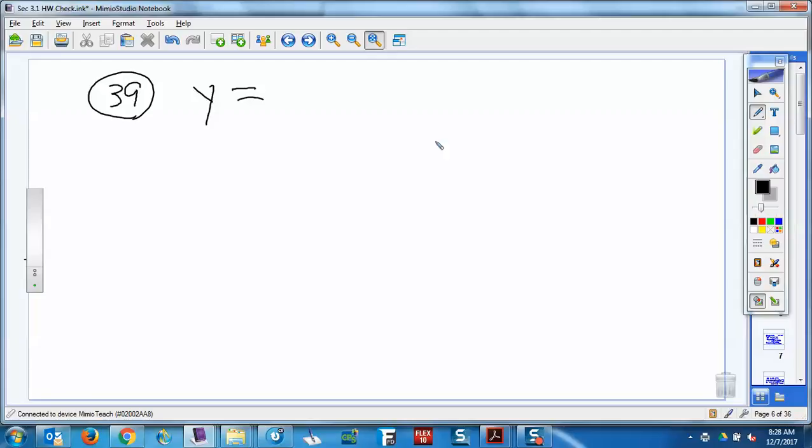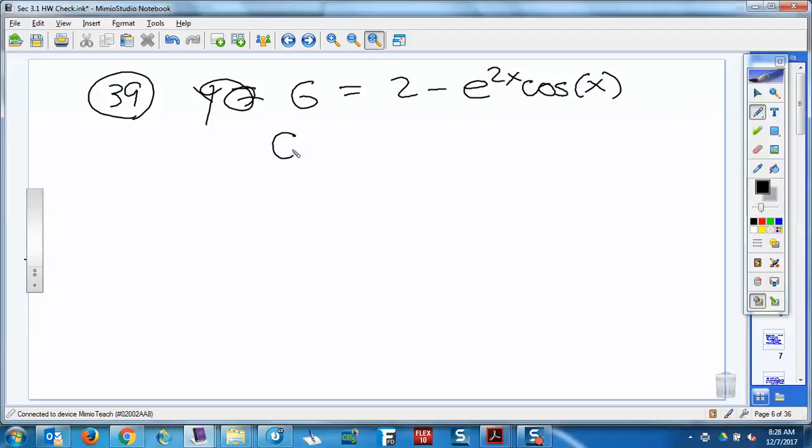So that's what you would do on 39. So on 39, you're going to take big G. So read that to me there, Chris. What's big G say? Big G is 2 minus e to the 2x times cosine x. Okay, so do the derivative of big G, which should be little g, right? And let's see if that's what we get. So the derivative of 2 is 0.